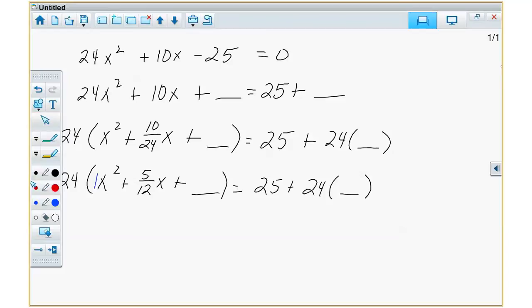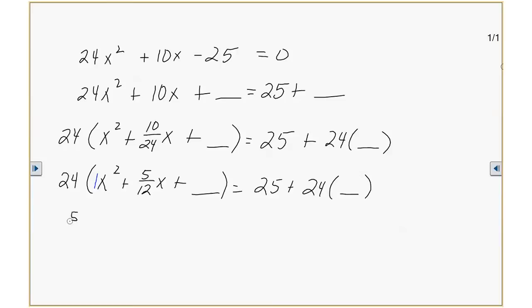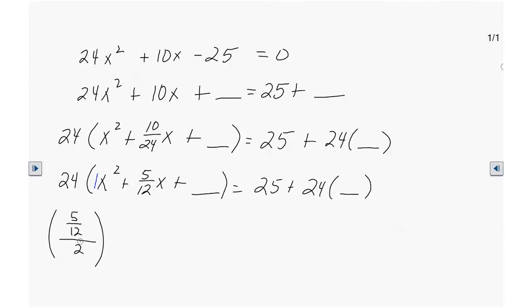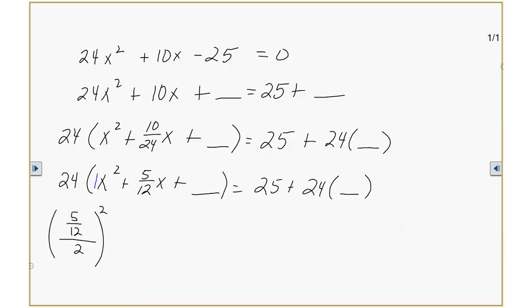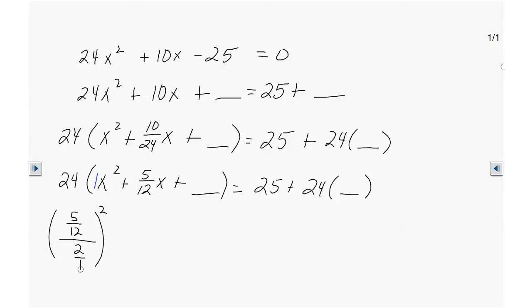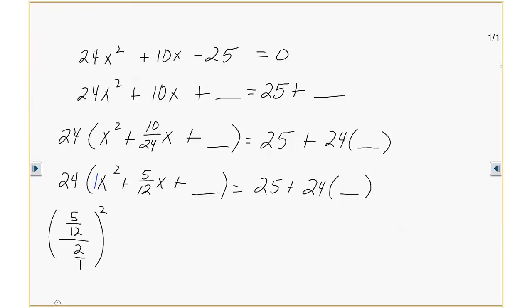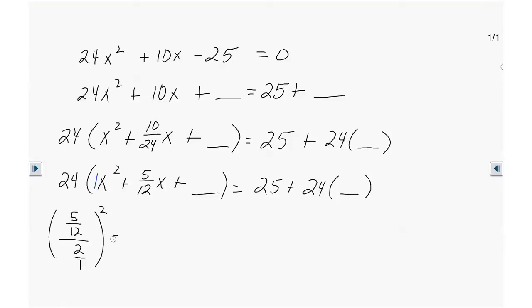B over 2, and then what? Squared. So B over 2 squared. Of course, what do y'all do at this point? Melt down? Because it's a fraction, you melt down, right? No, you put a 1 over this 2, and then you multiply by what? Reciprocal?